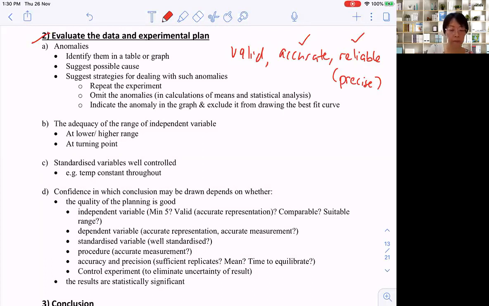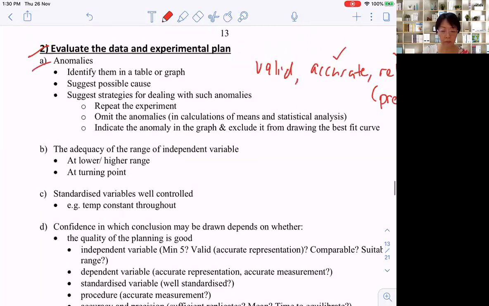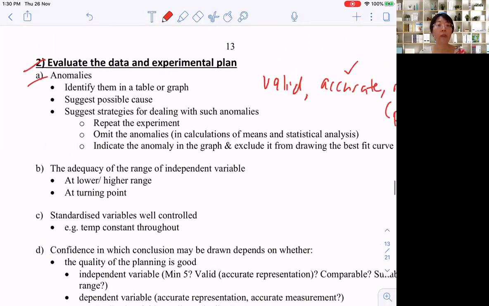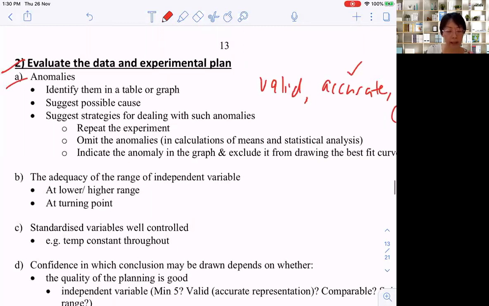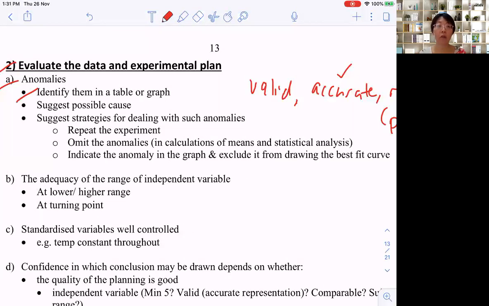Right. So what are the things that you will look at? Number 1, you want to look at the anomaly in your experiment. So we need to identify them in a table or graph. Then we need to suggest a possible cause of the anomalies.